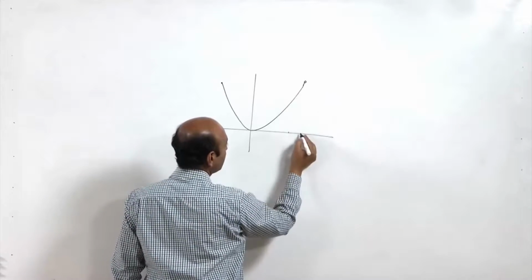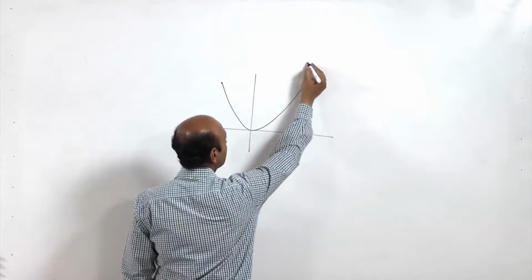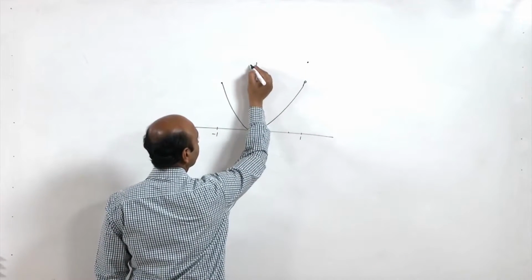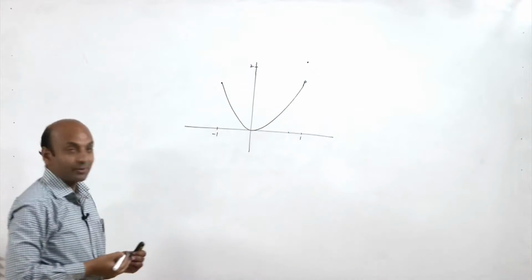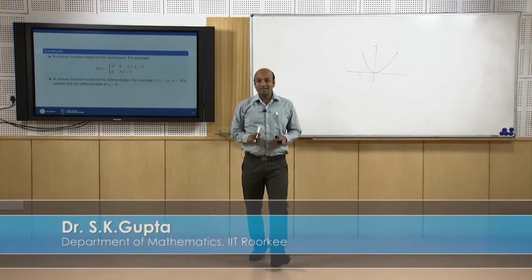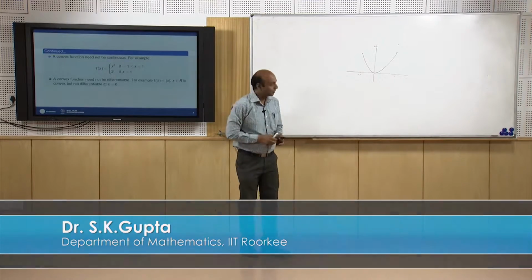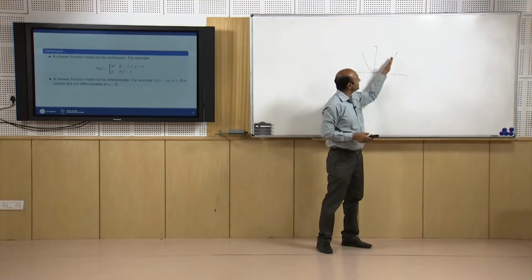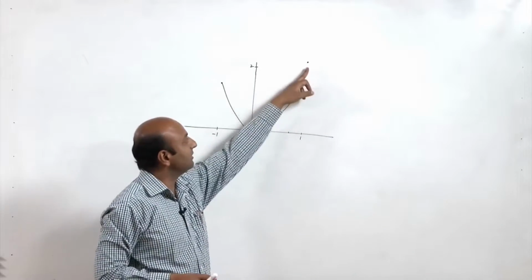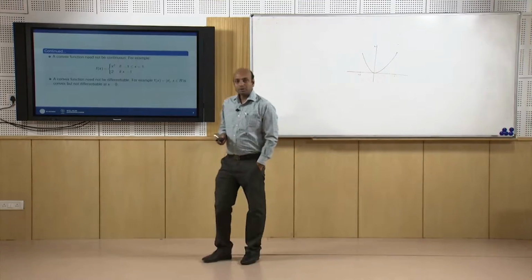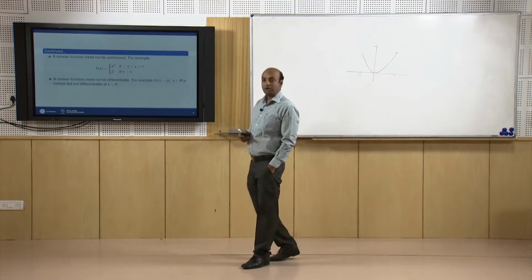So, this is 1, and at 1 this value is 2. Okay. Clearly this function is not continuous at x equal to 1. However, the function is convex, because if you take any two arbitrary points and join the line segment, even with this point, the chord is always above the curve. So, a convex function need not be continuous.